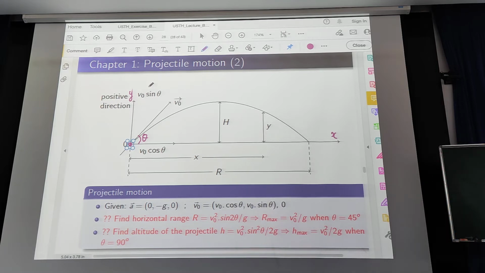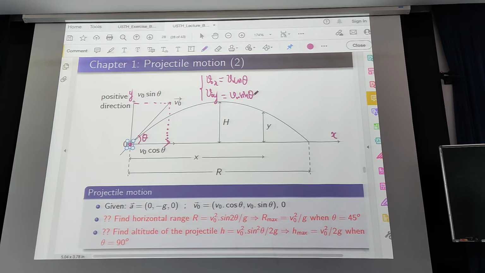So with the initial velocity v0, you can resolve along OX. You have the v0x component equal to v0 cosine theta, and along y the component v0y equal to v0 sine theta.